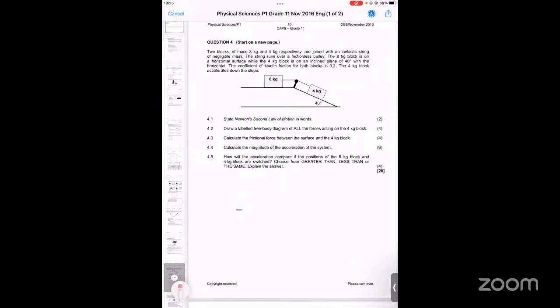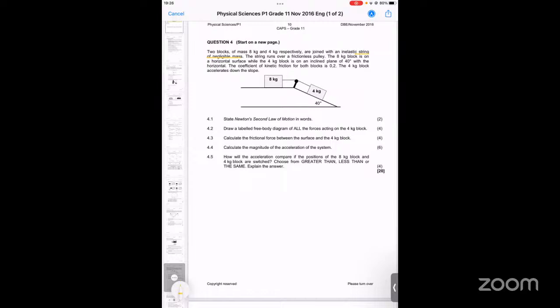And then we will reread that statement and highlight: two blocks of mass 8 kg and 4 kg are joined with an inelastic string of negligible mass. Because they are connected by a string, a tension will exist simply because of two objects being connected.